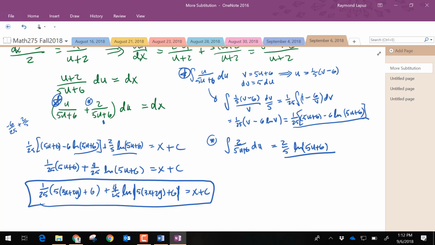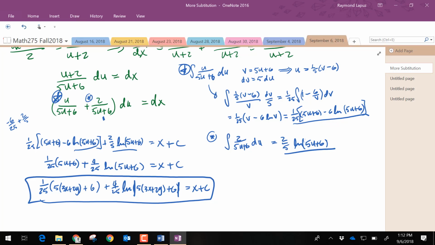And looking at it, it's pretty hard to solve for y by itself. So I would leave it like that as a general solution answer. But then we have our y of -1 equals -1 initial condition. So we want to put -1 in for x and -1 in for y, and then see what we get.